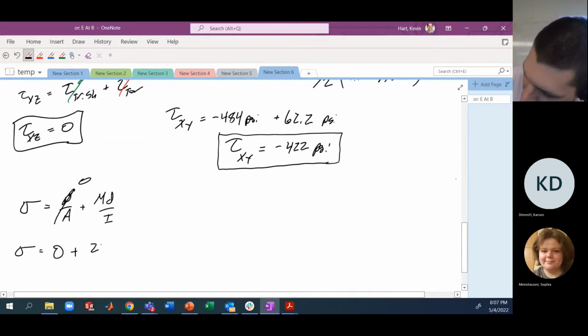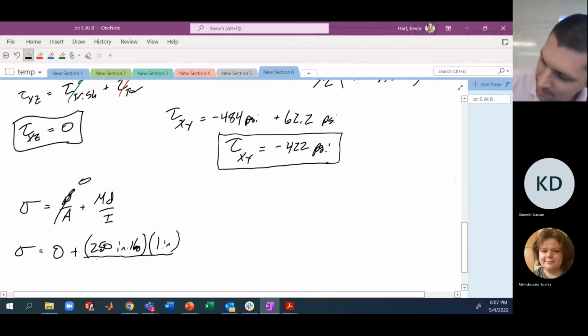So here, 250 inch-pounds. The distance, again, is the outer radius. And the area moment of inertia is pi on 4 times 1 inch to the fourth minus 0.75 inches to the fourth.